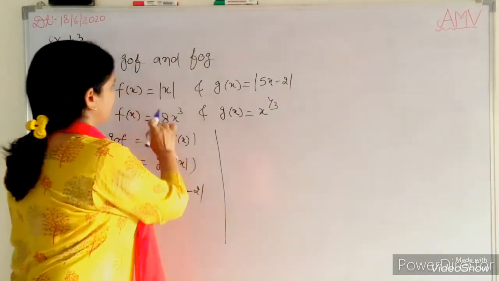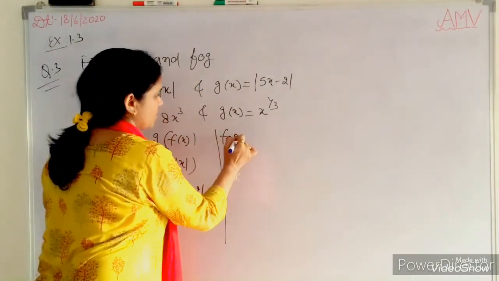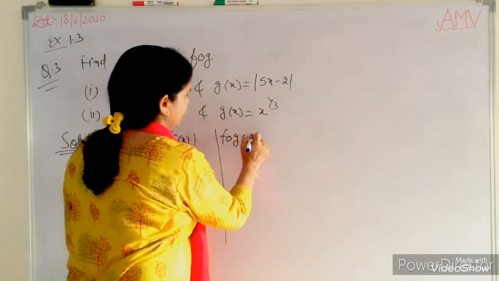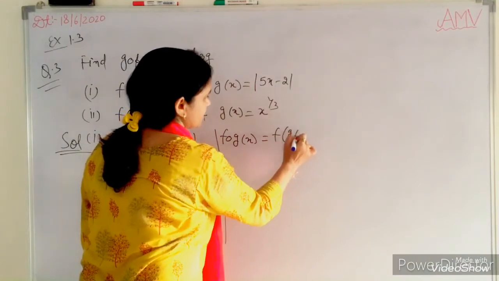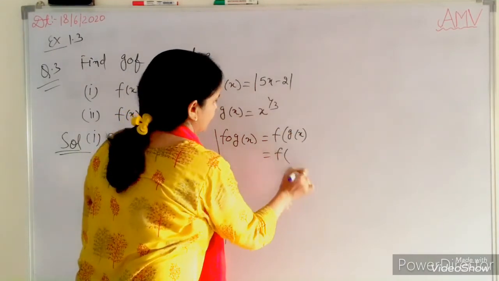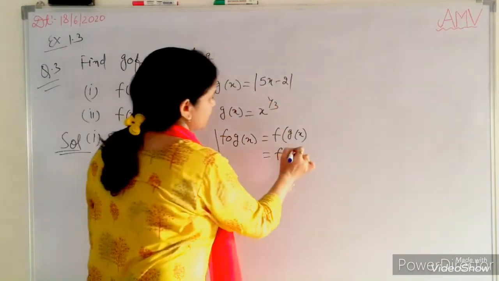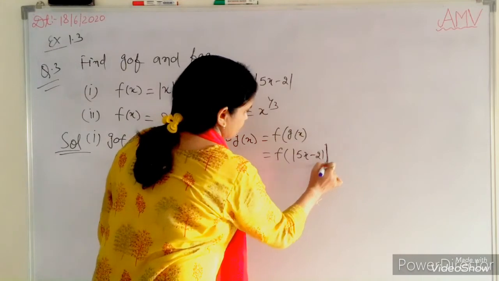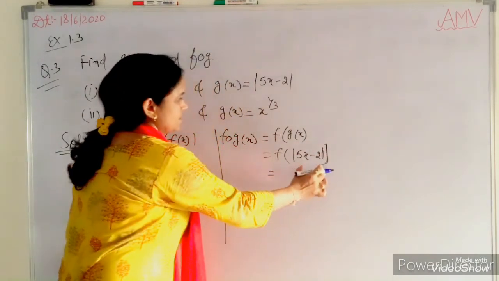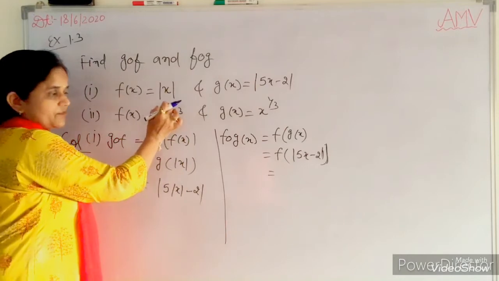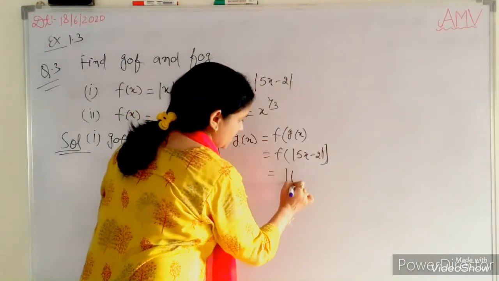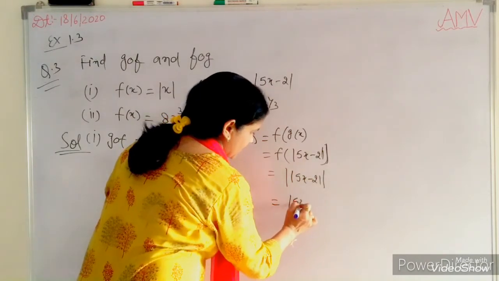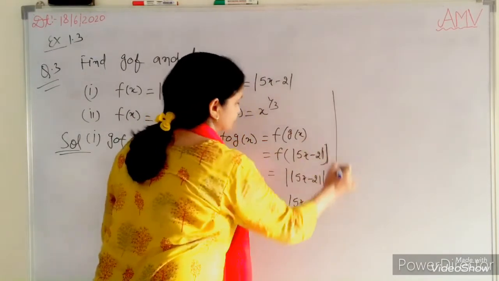Now for FOG, first question, okay. FOG(x) is F(G(x)). Here g(x) is given, student, as modulus of 5x minus 2. Now f(x) is given as mod of x, so it is, student, mod of 5x minus 2.